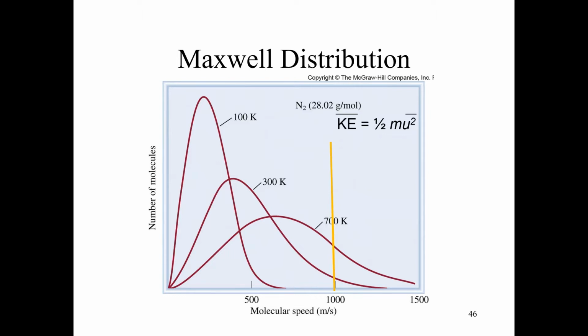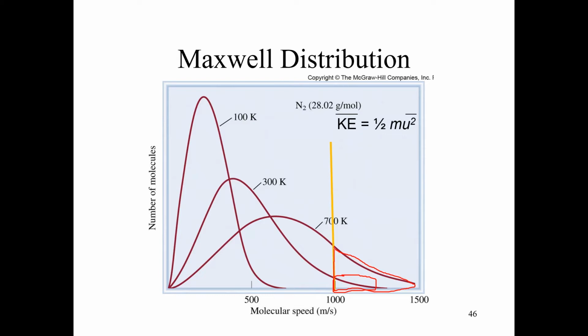You notice that at 100 Kelvin, pretty much zero particles are traveling at those kinds of speeds. At 300 Kelvin, you can see that there is a small portion of them over here that are traveling at that speed. However, at 700 Kelvin, you can see that you have a much, much larger proportion of particles traveling at that speed.